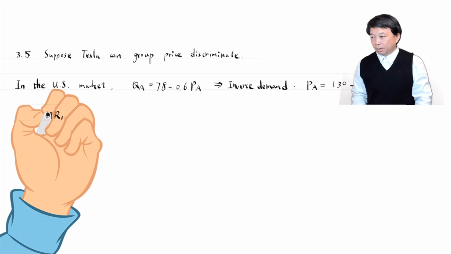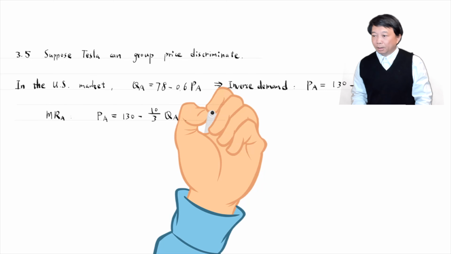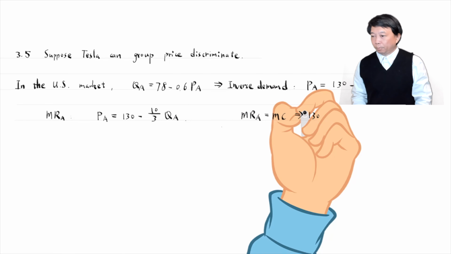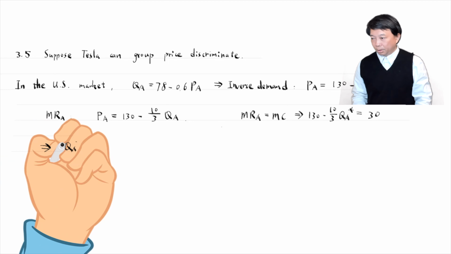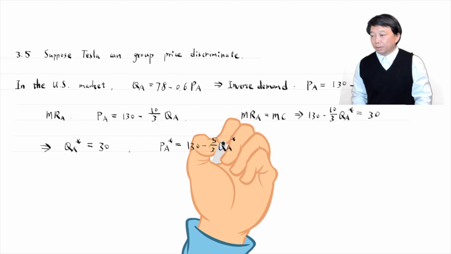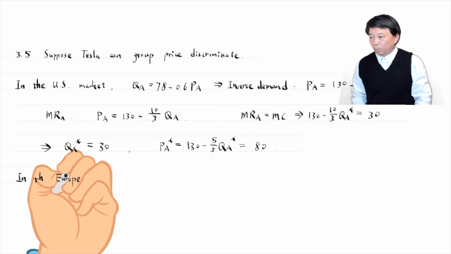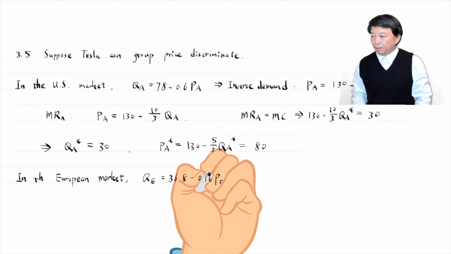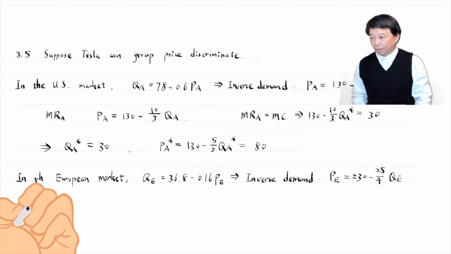We then directly write the marginal revenue function from the linear inverse demand function. The first-order condition for profit maximum gives the quantity of 30 and the price of 80, the same as those in the textbook. Similarly, we can verify Tesla's profit-maximizing output and price in the European market.